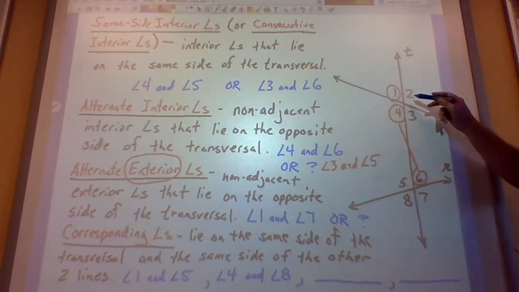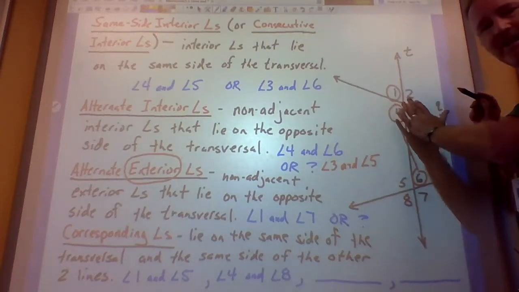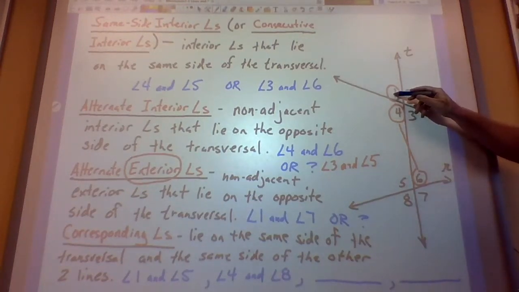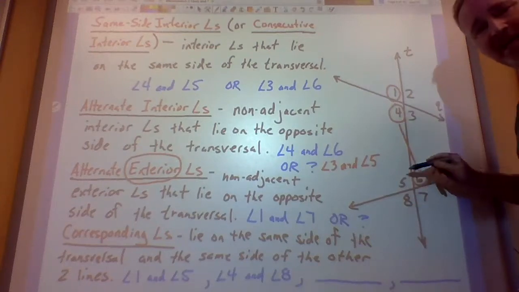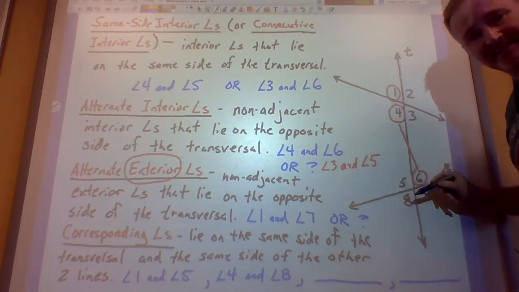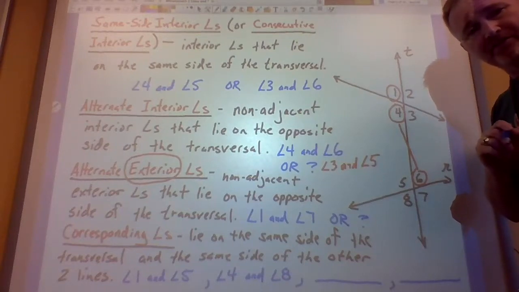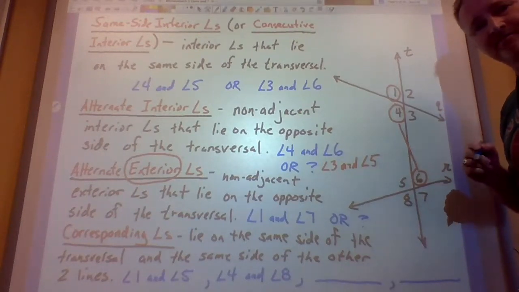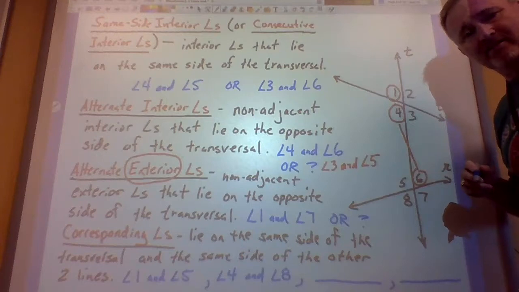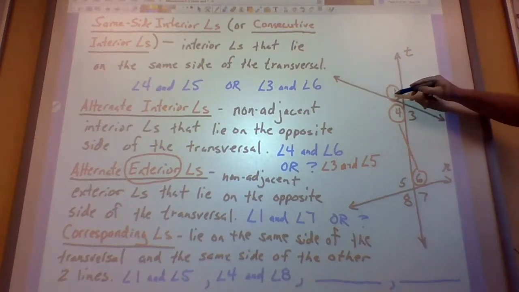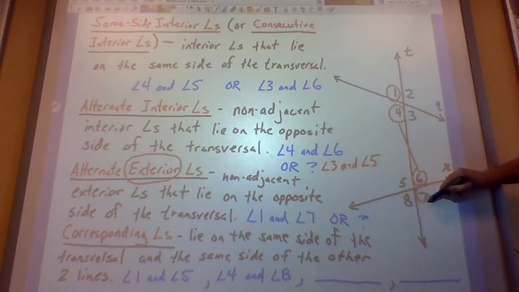And of course it can't be 2 because 2's in the same group. So who is in the bottom group down here that's on the exterior and on the alternate side of the transversal? Well, yeah, everybody in the studio audience is raising their hand saying 7. So his alternate exterior buddy would be 7.